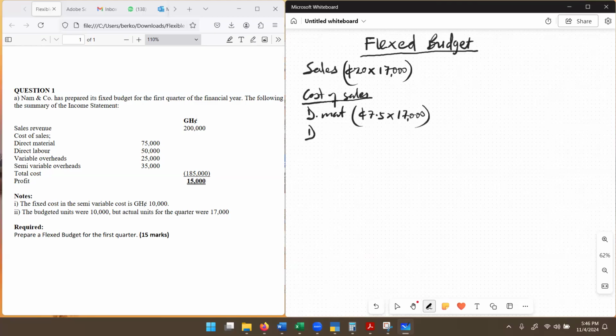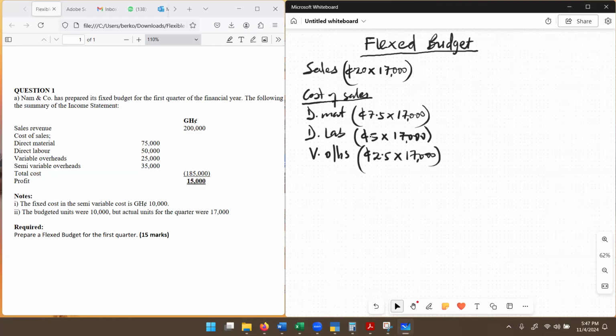We now have what? Direct labour. So that will be 5 cedis. If you divide, you get 5 cedis multiplied by 17,000. And then we have variable overheads. That one too, we get 2.5 multiplied by what? 17,000.